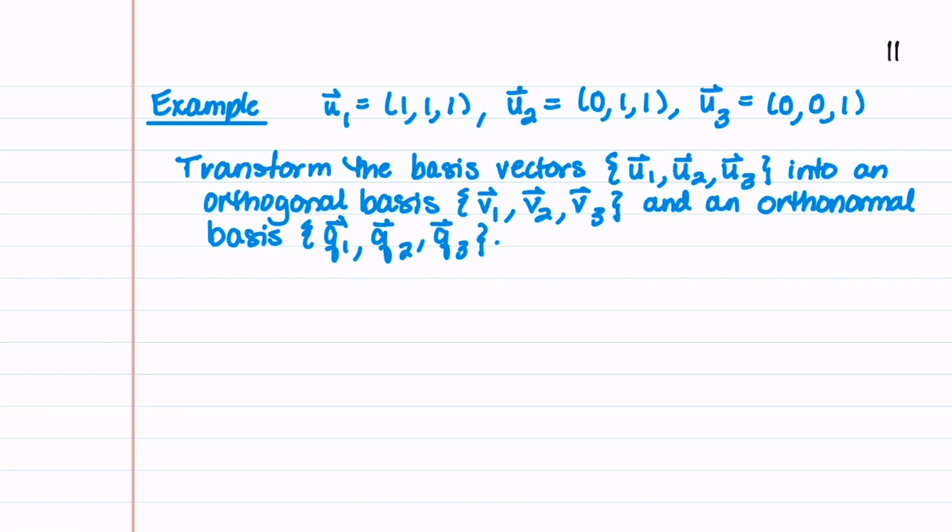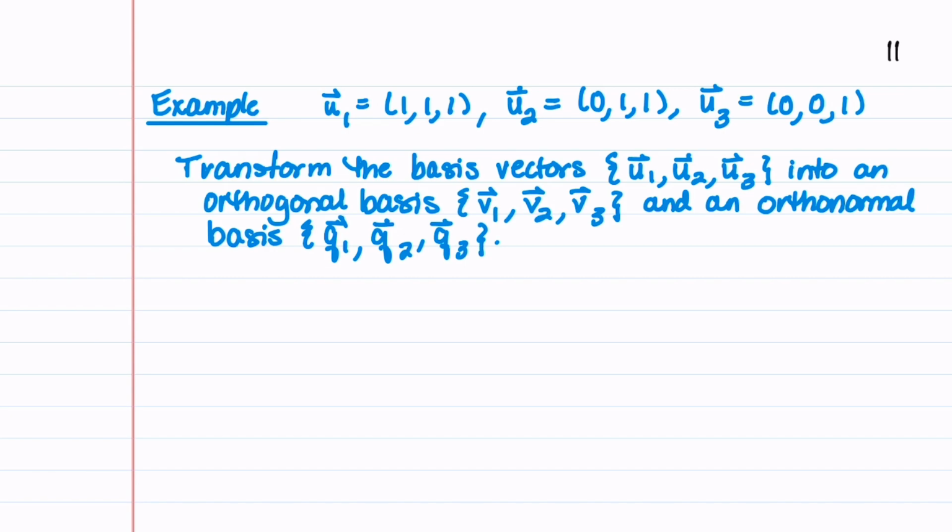Let's now walk through an example. We're given three vectors, u1, u2, and u3, and those vectors are in a basis, and we are asked to transform that basis into an orthogonal basis and then into an orthonormal basis.